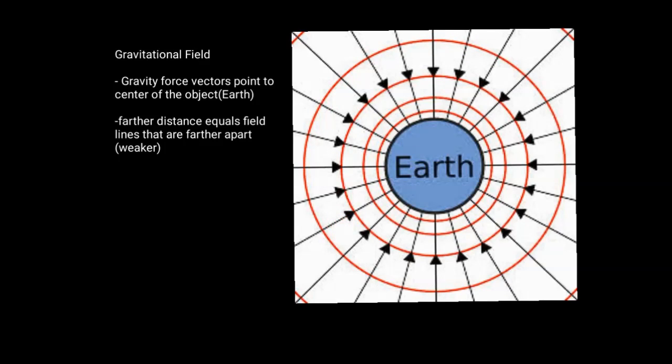These distances get smaller as we get closer to Earth's surface, meaning the gravitational field is really strong near the surface of Earth. Up here in the atmosphere, it's going to be much less. That's how gravitational fields work. The farther the distance, the farther apart the field lines, meaning weaker gravitational fields.